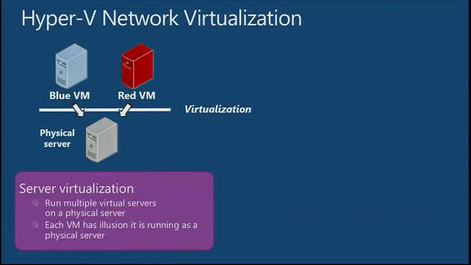So the next thing, Hyper-V network virtualization, and we touched on this briefly in the overview session yesterday. Hyper-V network virtualization is really taking the same concept we had around server virtualization. We can pick up a bunch of physical servers that are underutilized, run them on a single physical server, and every server thinks it's running on its own piece of tin and its own dedicated hardware.